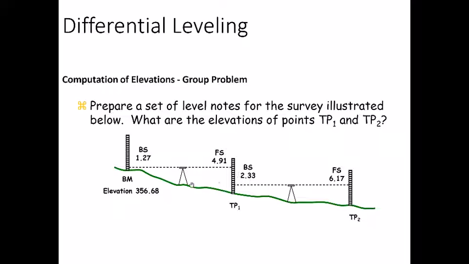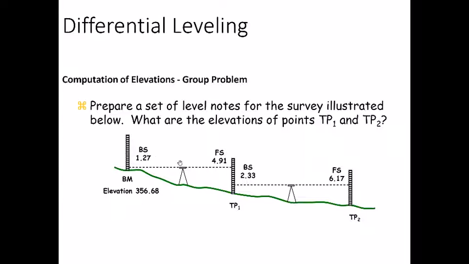So in this case, what we do is the benchmark is given, its reduced level is 356.68, and then we take the reading of the first staff, which is on the benchmark, and of the second staff, which is on the point whose reduced level we want to find out. The difference between the two gives you the rise or fall between the two points. Every time, what you need to do is subtract the foresight from the backside.